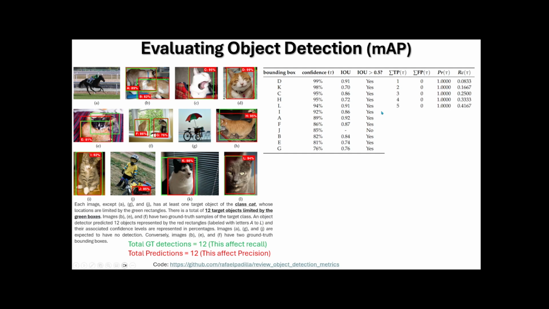This is also yes. I'll just keep on going till the no. So till here, 8 true positives out of 8 detections, so precision is 100%. And recall is 8 by 12, which is somewhere around 0.6667. Okay, so that's the idea. Now there is the first false positive here. You see J is this guy.